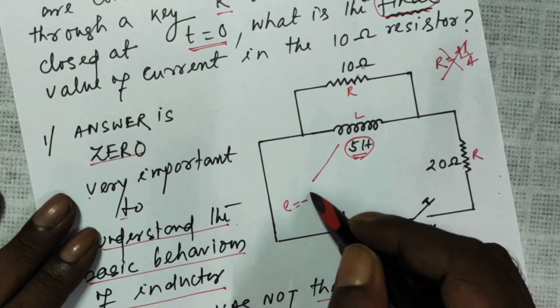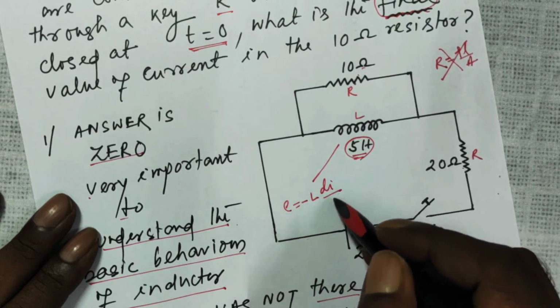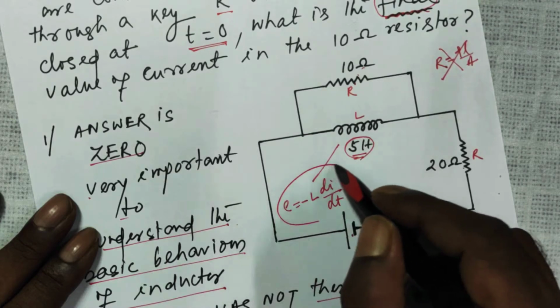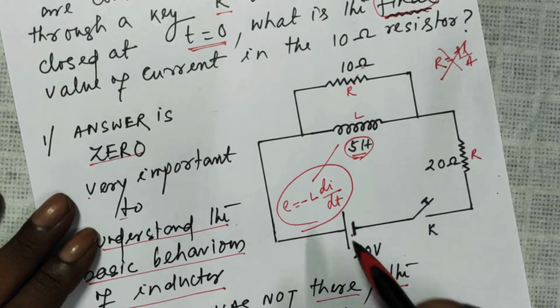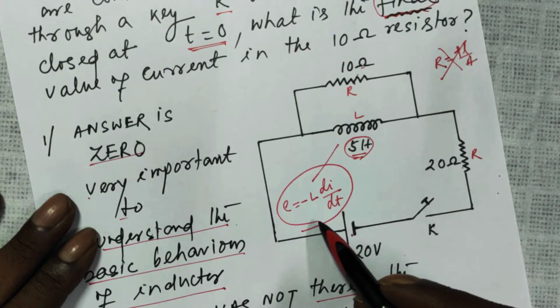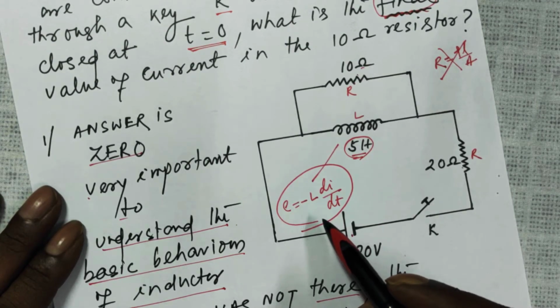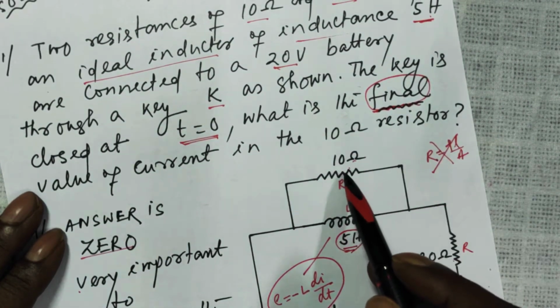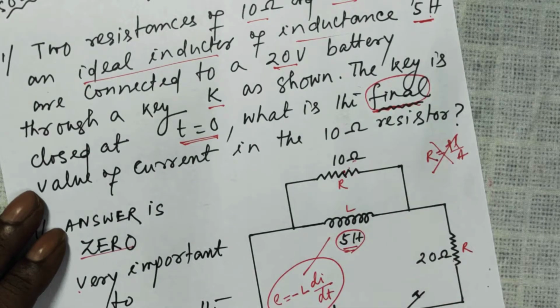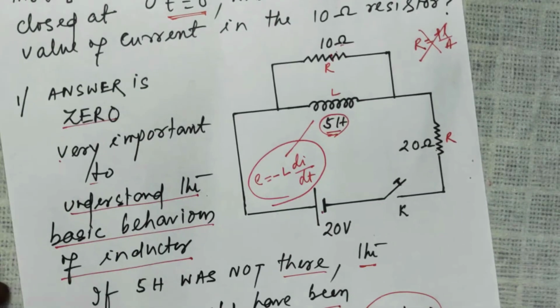EMF was equal to minus L di by dt, that we studied in electromagnetic induction. That is what I have to explain once more, and then say that finally there is no current through this resistor.